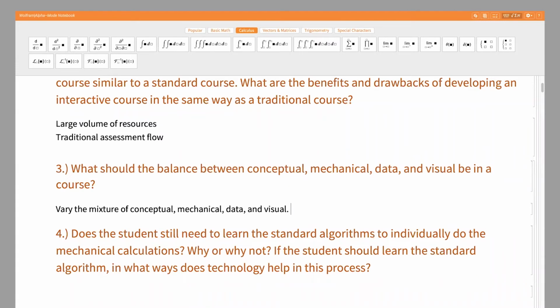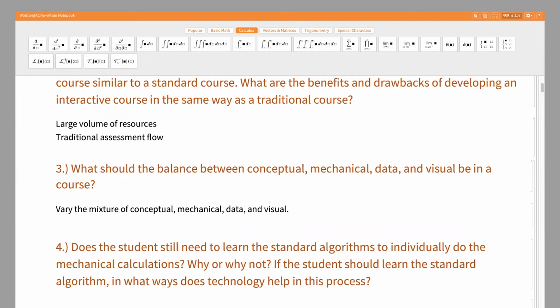Any further thoughts on this, on conceptual, mechanical? Right, we don't want to make it too mechanical.